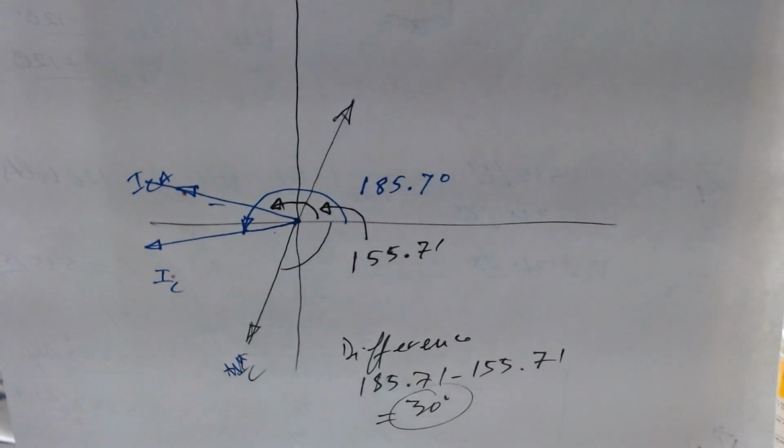So the difference of the line current and the phase current is 30 degrees exactly, and you can see that the line current advances or is leading the phase current.